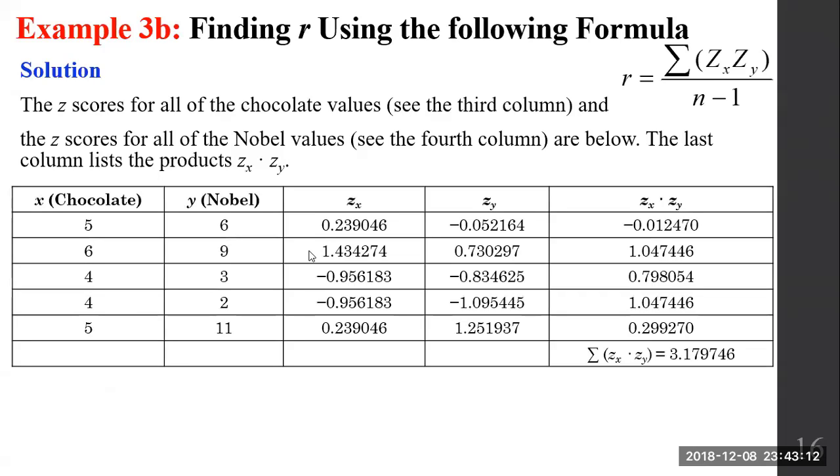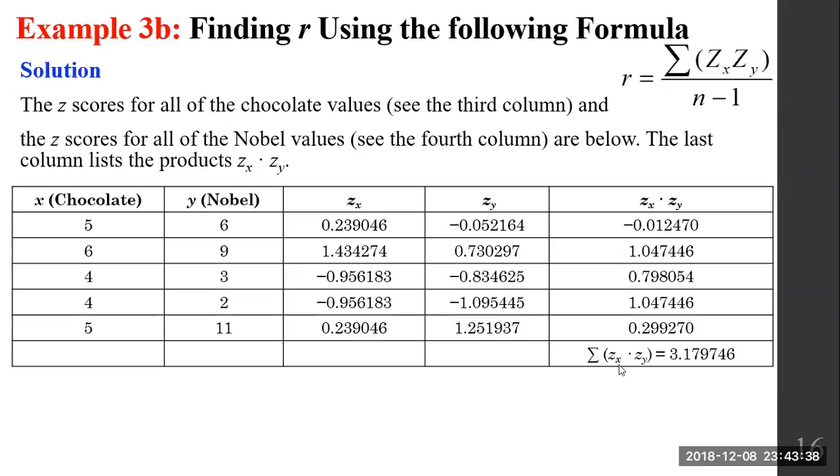If you look at the chart, the z-scores for all the chocolate values are in the third column, and the z-scores for all the Nobel values are in the fourth column. We just have to manually do each of these one by one using the same formula I showed you earlier.